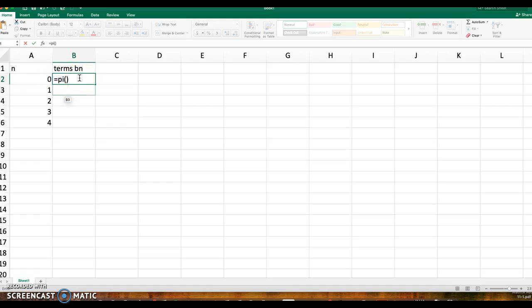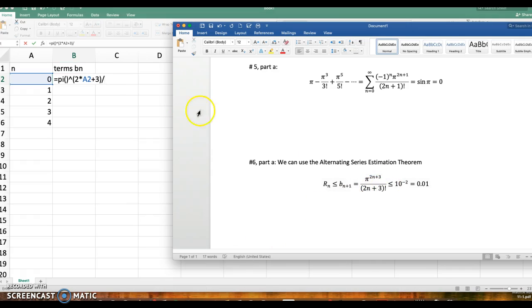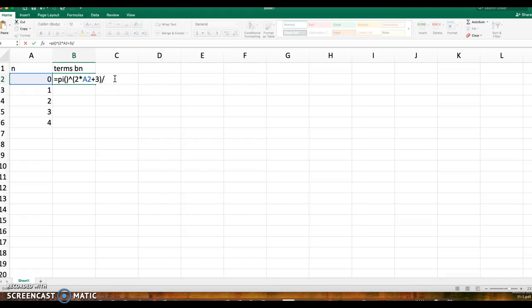I want to raise that to 2 times n plus 3, and then divide that whole thing by 2n plus 3 factorial. In Excel or Google Sheets, the factorial command is FACT, and I want to take the factorial of 2 times n plus 3.